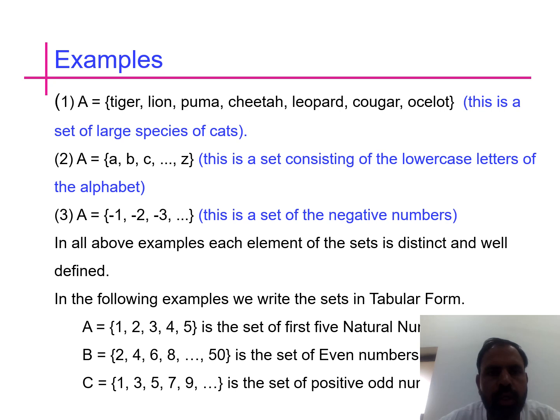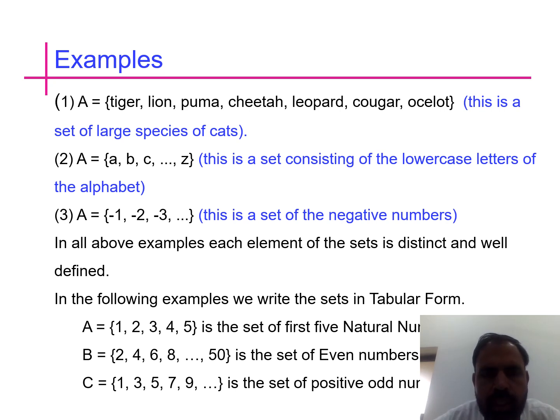For example, A is a set where the elements are tiger, lion, puma, cheetah, leopard, cougar, and so on. So this is a set of large species of cats.